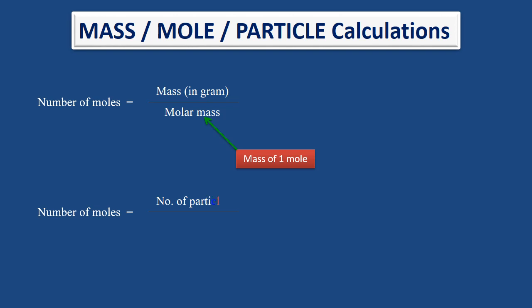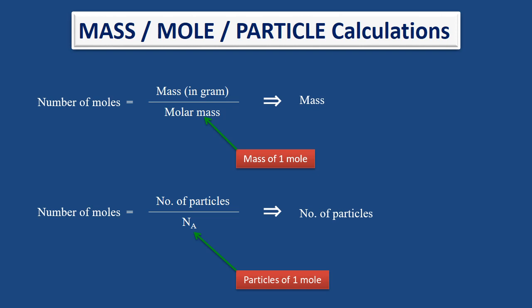And if number of particles are given, then divide them by the particles of 1 mole, that is Avogadro's number. Rearranging these two formulas, we can obtain mass and number of particles if number of moles are given. To find mass, multiply number of moles with molar mass. And to find number of particles, multiply number of moles with Avogadro's number.